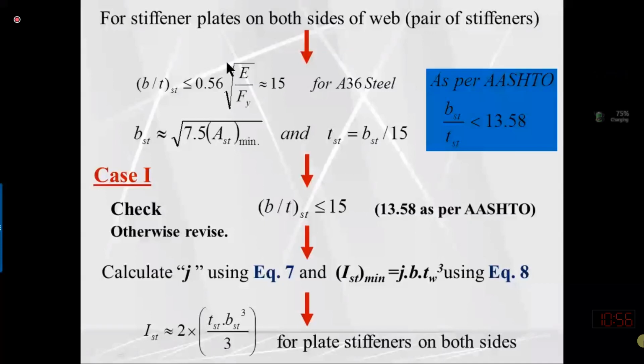If you multiply this b over t ratio with b and divide it by b, then you will have this expression. So b is computed from this parameter, because Ast minimum you have computed by using this equation.